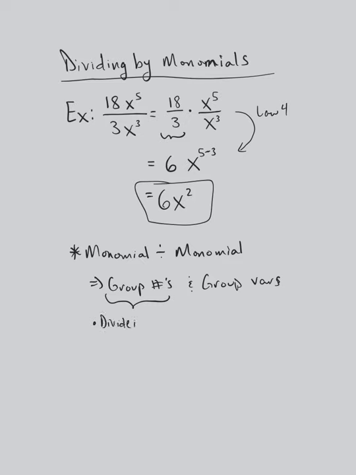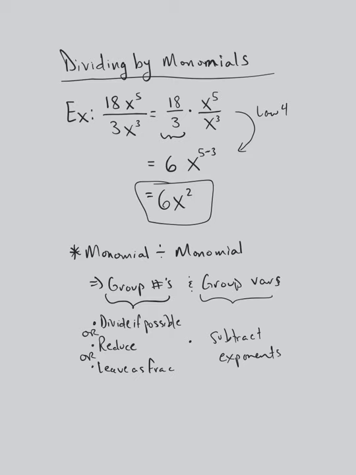We divide if possible, as happened in the example above, or sometimes we need to reduce, or you just leave it as a fraction if it doesn't reduce at all. But once we group the variables, then we apply law 4 and subtract the exponents, because we're applying exponent law number 4.